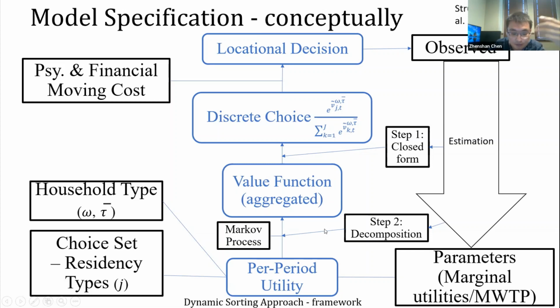Then we further break down the property into different marginal utilities. One thing worth mentioning is that the household type is potentially changed in the process, since the moving cost will be a significant amount, and it will change the household's wealth type.